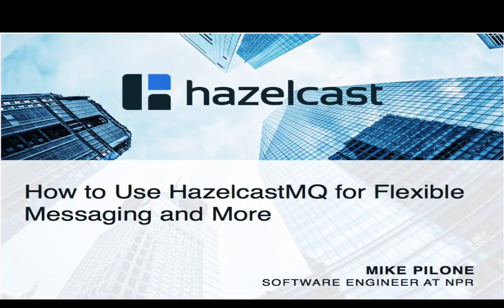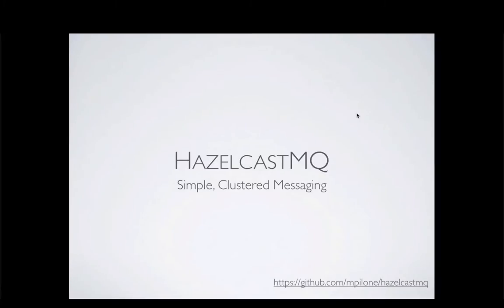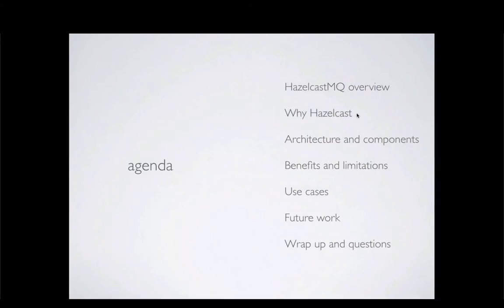So today I want to run through a little bit about HazelcastMQ, give you some background on myself and the project. Even if you're not directly interested in messaging over Hazelcast, hopefully this gives you some ideas of different ways to use Hazelcast besides just the shared cache concepts. So what I want to cover today is an overview of HazelcastMQ.